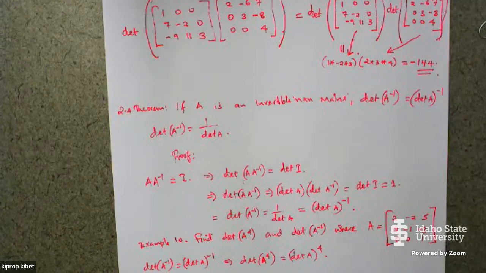We are getting it from this: the determinant of A squared is the same as the determinant of A, raised to 2.